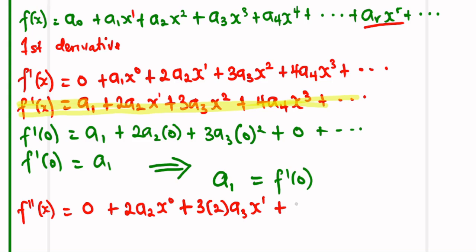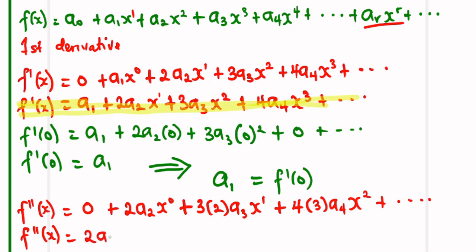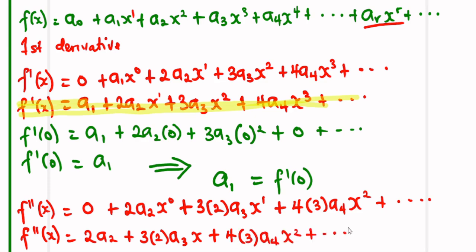So plus 4 and then here we'll have cube, so multiplied by 3 a4 x raised to power 2, plus dot dot dot infinity. So f prime prime of x is equal to, this is 0, so we are left with 2a2 x raised to power 0 is 1, plus 3 times 2 a3x plus 4 times 3 a4 x squared plus dot dot dot.